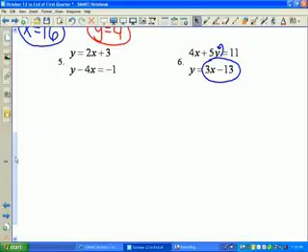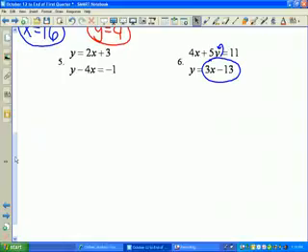So this is going to go along with what I mentioned about a player going into the game. When a player goes into the game, the whole of his body is going into the game. The same way as when a player is being substituted out, all of his body is coming off of the court. So it's not just the 3x that's going in for our y. It's the 3x minus 13.